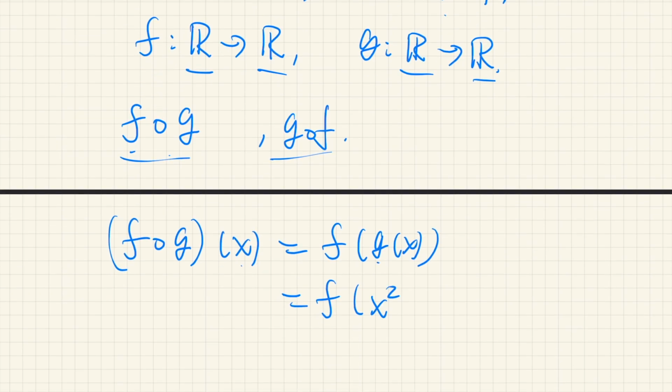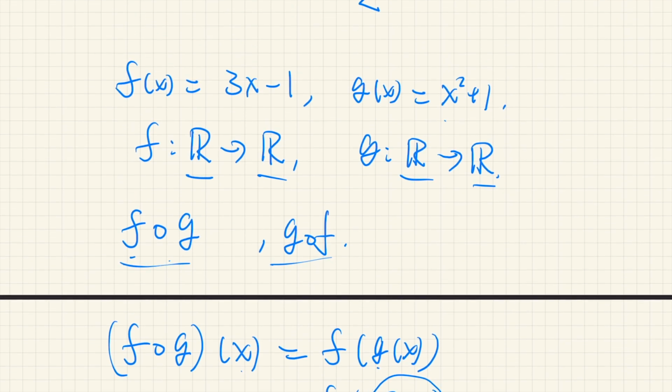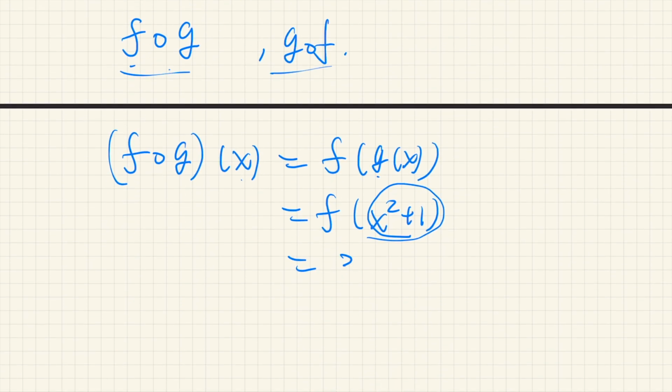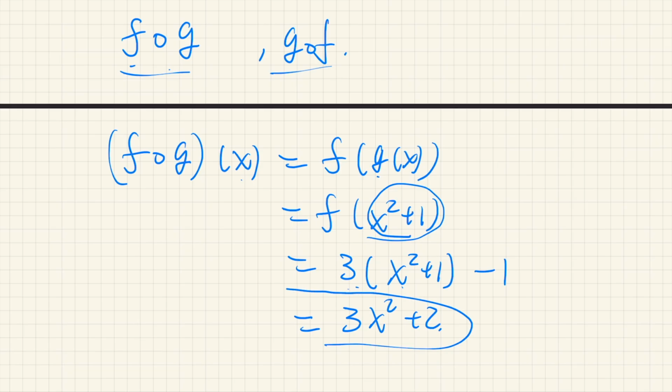Then apply f to this whole thing, that is 3x minus 1, so 3 times (x squared plus 1) minus 1. So that is 3x squared, and 3 minus 1 is 2. So this is the function f after g.